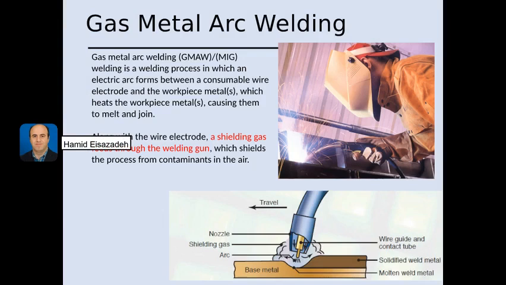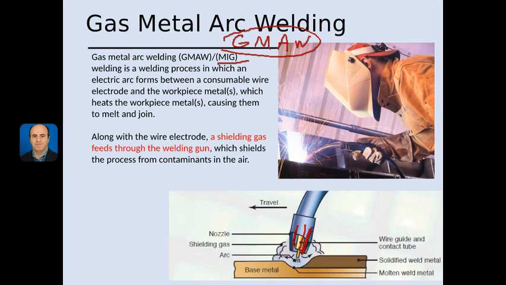Next process is gas metal arc welding, or GMA. GMA welding. Here in this process we have an electrode that is going to be melted, as well as shielding gas.